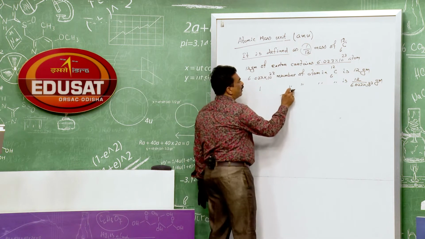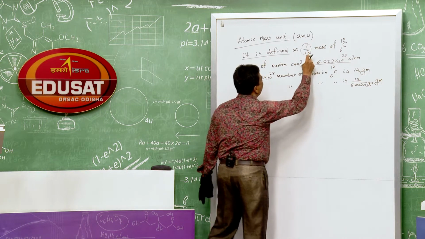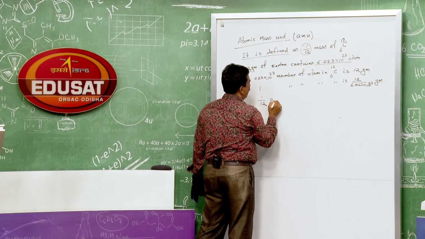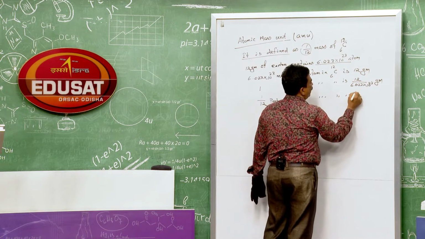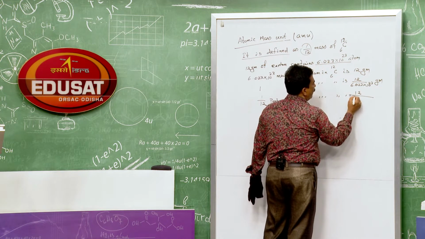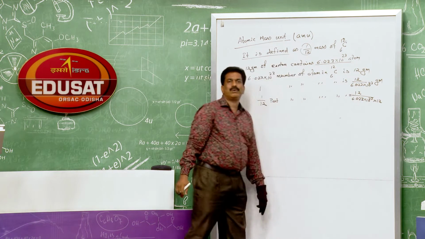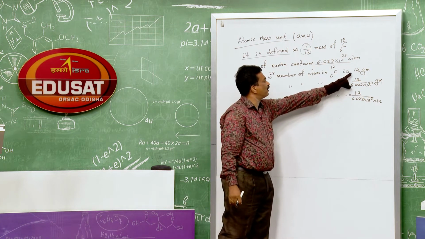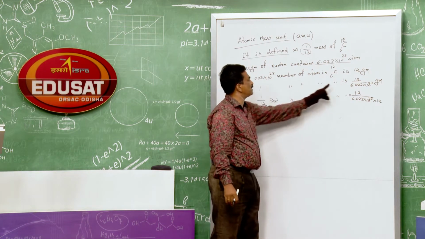And for the 1/12th part, the mass is 12 by 6.023 into 10 to the power of 23 into 12 gram, that is the 1/12 part.